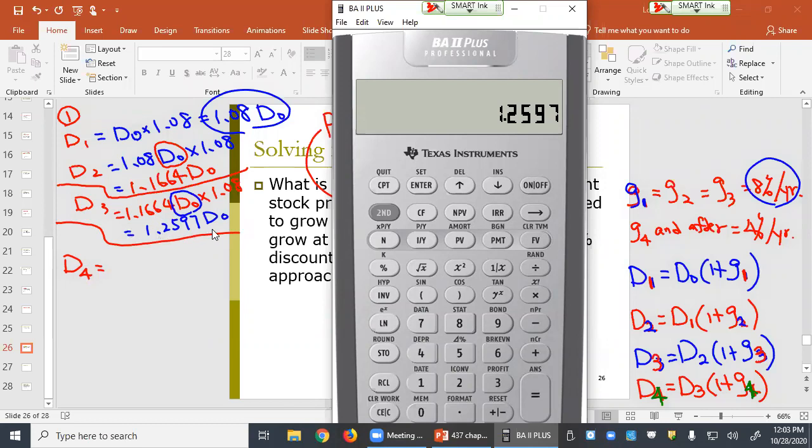We'll multiply by 1 plus G4. So 1.2597 D0 multiplied by 1 plus G4. My G4 is 4%, so times 1.04. I will again use this output that I already have in my calculator, then multiply it by 1.04. So my D4 equals 1.3101, and I know that the D0 is still there.